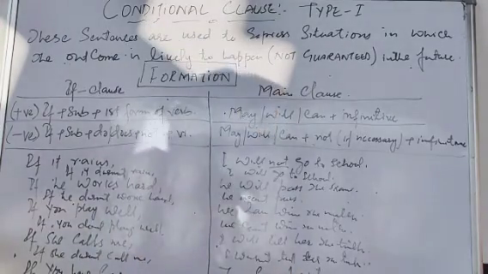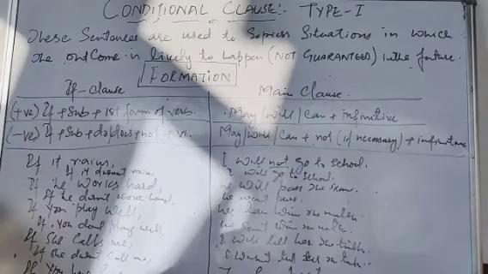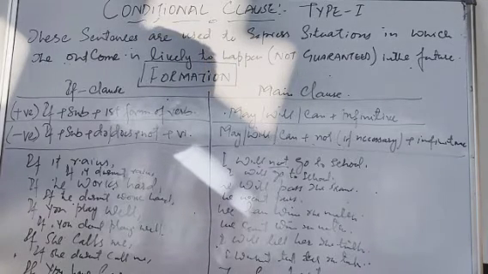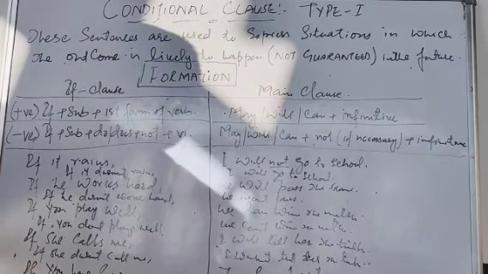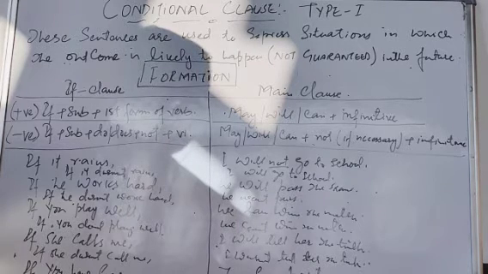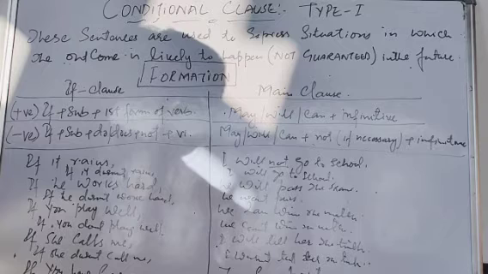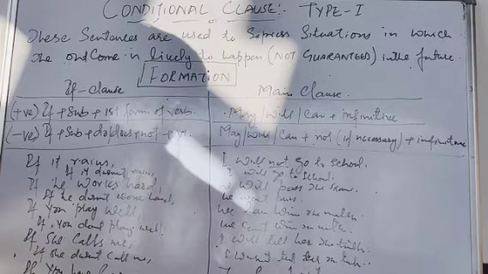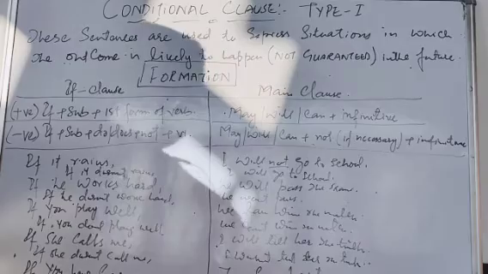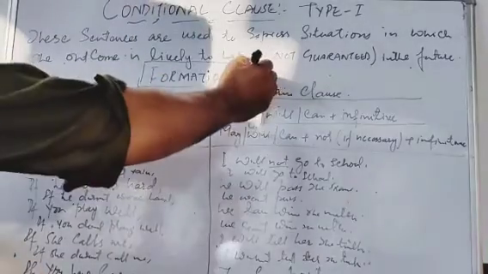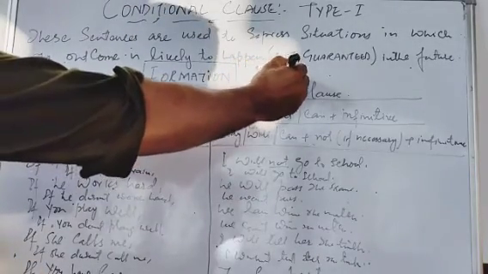So basically, from the given examples, you can understand what this type first actually is. We have to simply understand its formation. How can we make an if clause, and how is the main clause that follows made? In type first we use subject plus first form of verb.